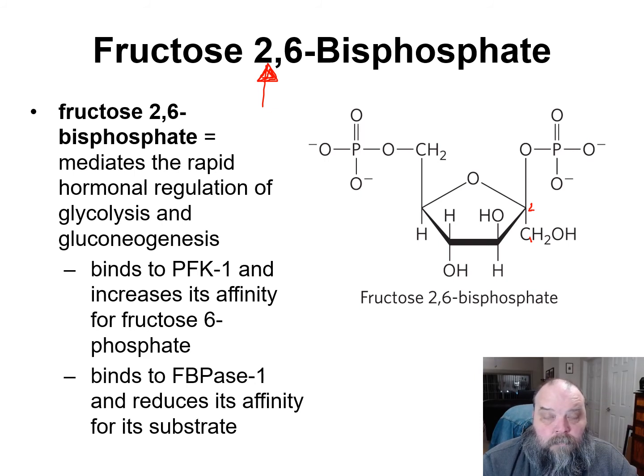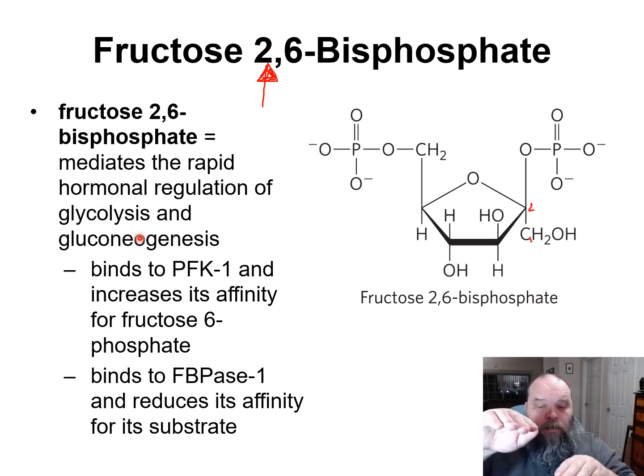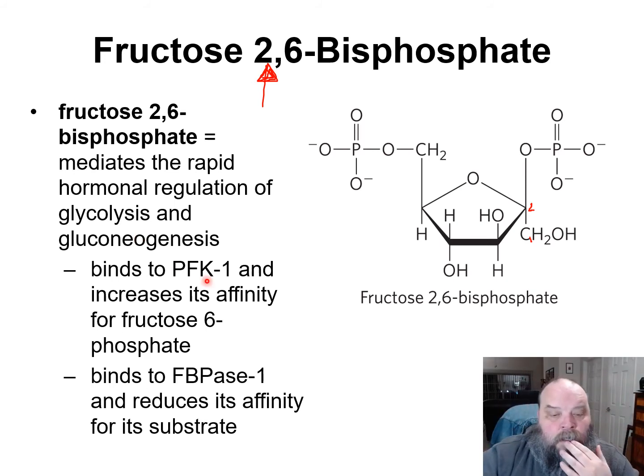Now here, it's below the plane of the sugar ring. The phosphate group, which is now directly attached to carbon 2, is above the ring. Fructose 2,6-bisphosphate's job is to mediate glycolysis and gluconeogenesis. It binds to PFK1.